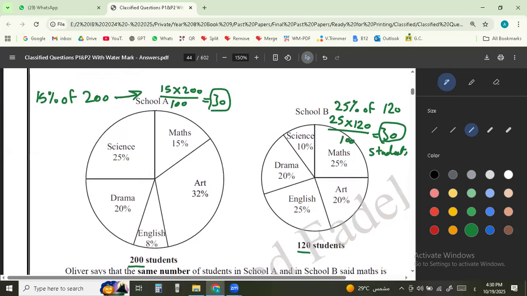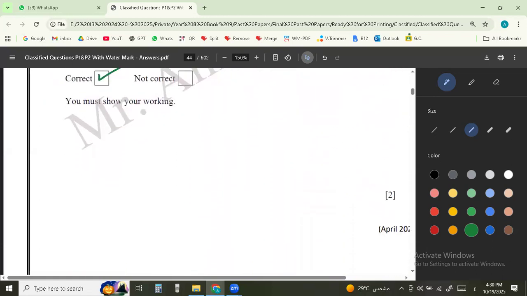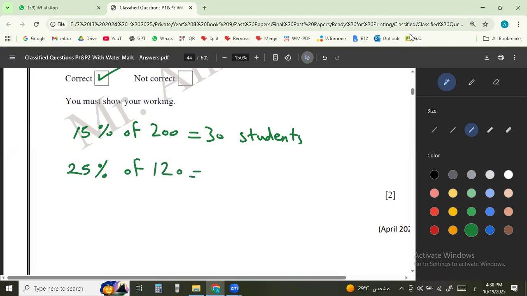I'm going to just write it very quickly down there. 15% of 200, 25% of 120. 15% of 200 we found equals 30 students. 25% of 120 is also 30 students. That's the working that you should show.